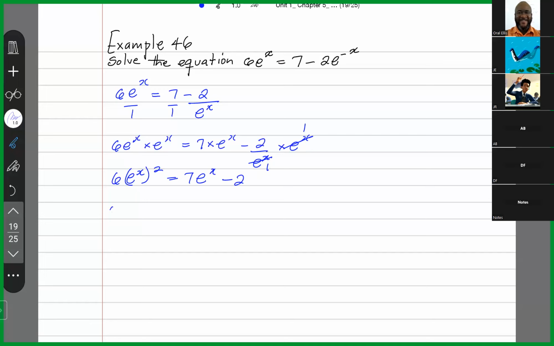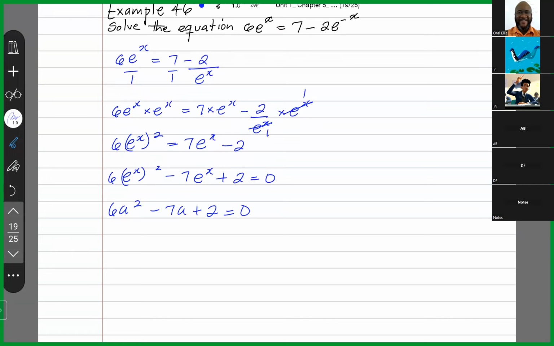So now I have 6 e to the x squared minus 7 e to the x plus 2 is equal to 0. Now, if I call e to the x a, I'm going to have 6a squared minus 7a plus 2 is equal to 0.